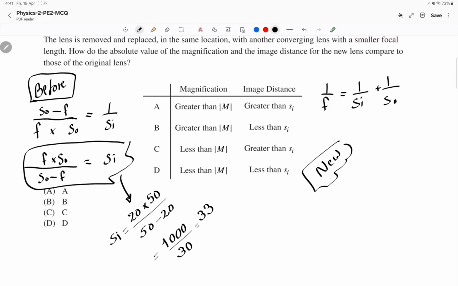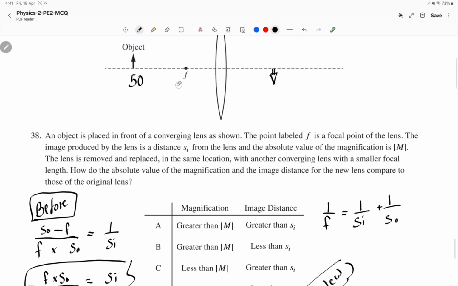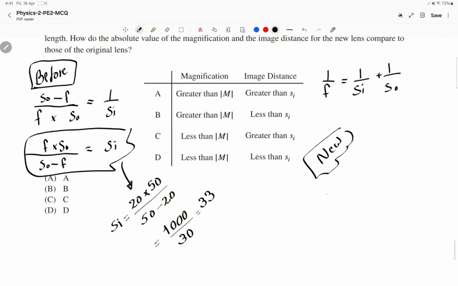Okay. Now the new stuff. So now the focal length is less. So I'll just say that now the focal length became, let's say, 15. So focal length times the SO, which is still the same, over SO minus 15. So let's see how much we get now.